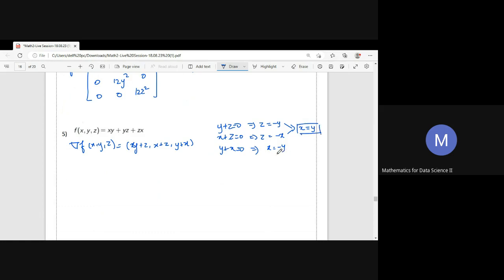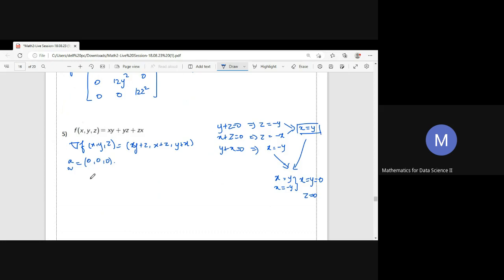Now combining these two, x equal to y and x equal to minus y, it means x equal to 0. x and y both are 0. So if x and y are 0, then what about z? It is 0. So again, the critical point is (0, 0, 0). Is this clear? What we have done here, is this clear?